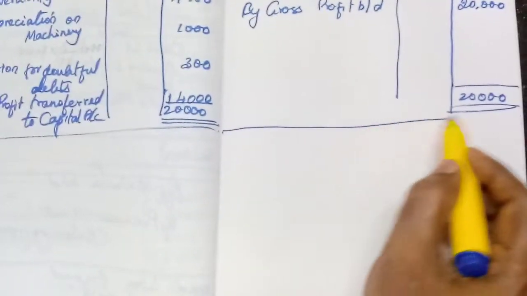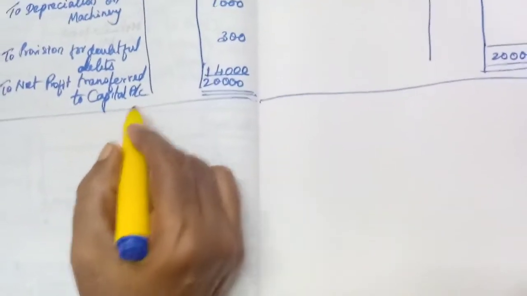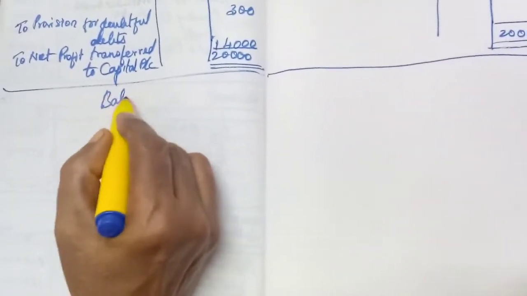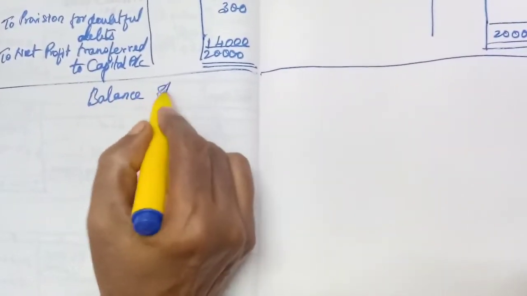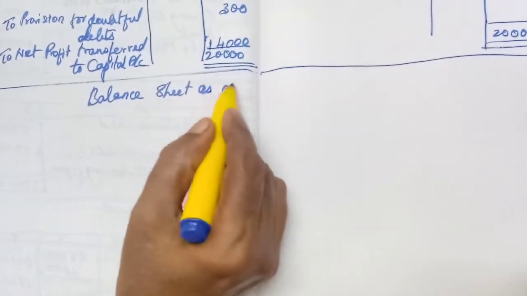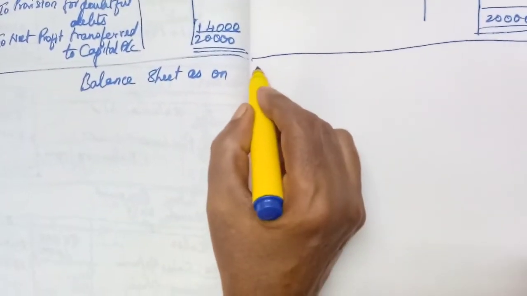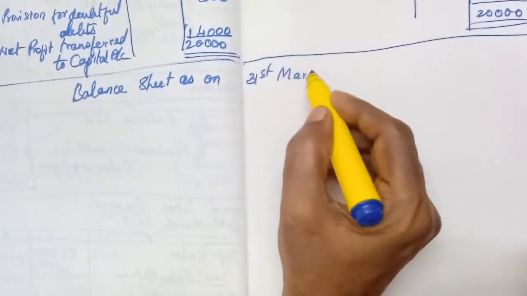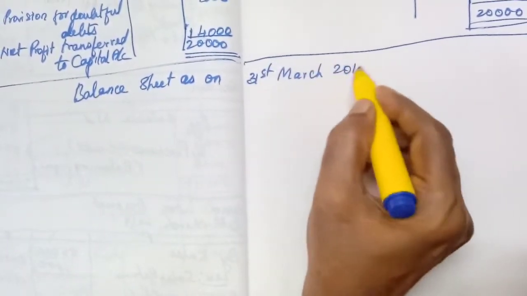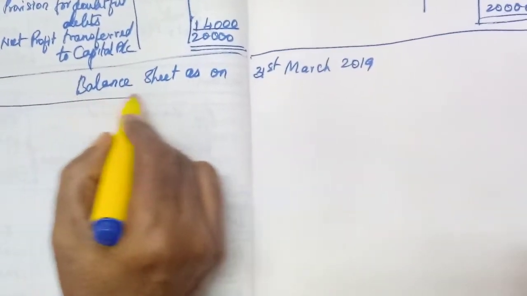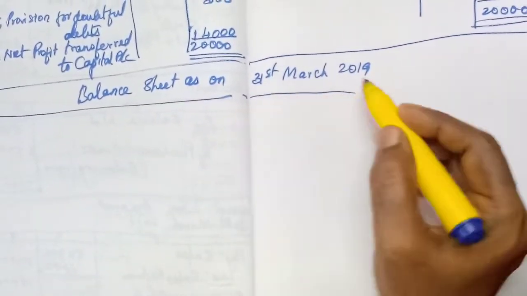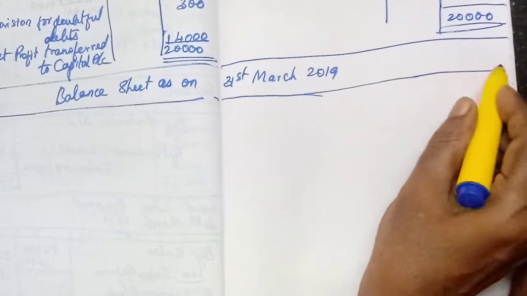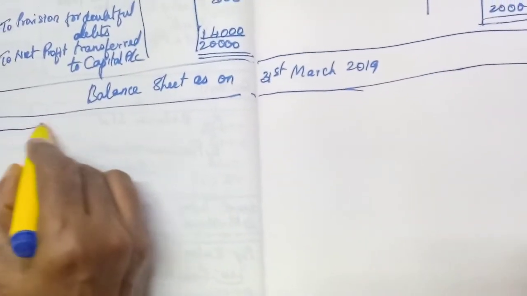Okay. Now we have to prepare the balance sheet. Balance sheet as on 31st March 2019. Again draw. But debtor and creditor you should not write, because it is not an account, it is a sheet, a statement.